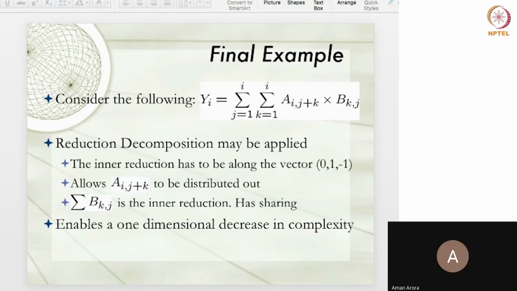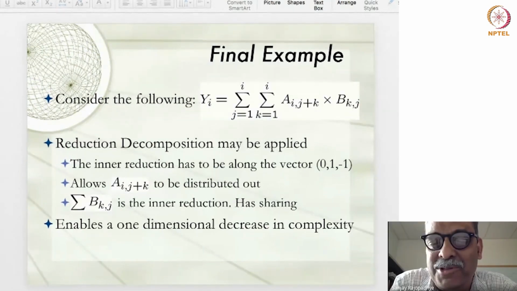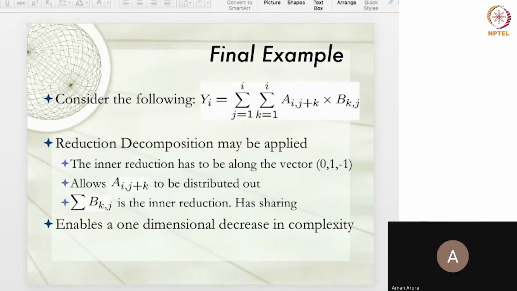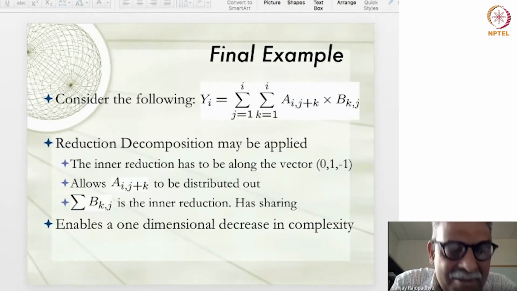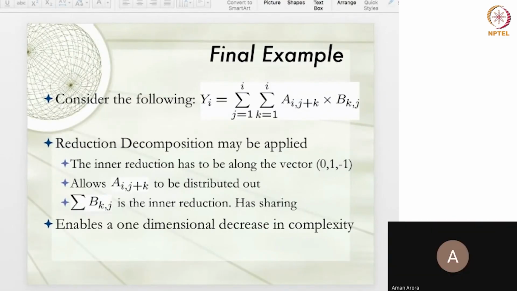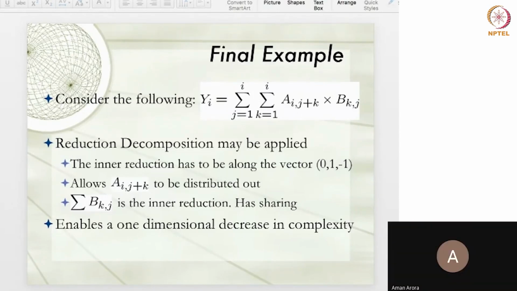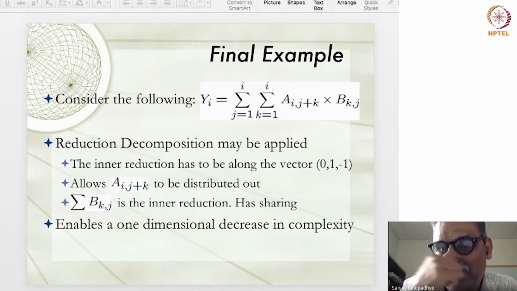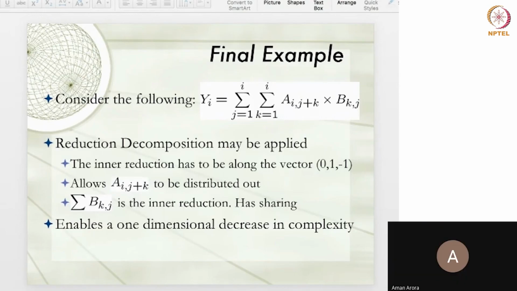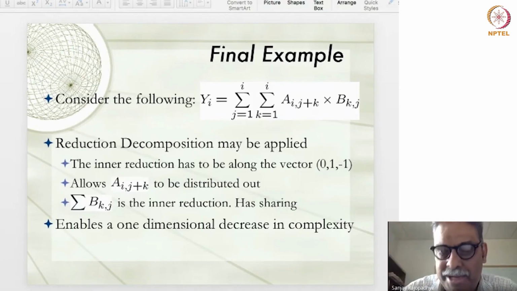Yes, similar. We summed all the anti-diagonals of B. Beautiful. So we have compiler technology that can do what you just did. It took me a whole lot of analysis to come up with it, but this can also be done with the same technique, and this is fully automatic.